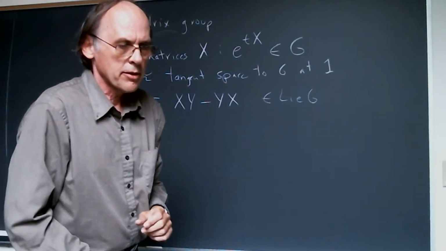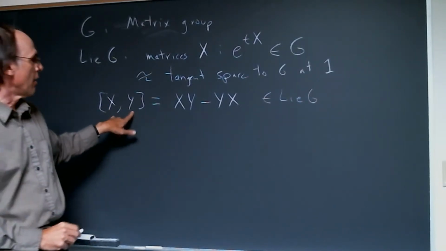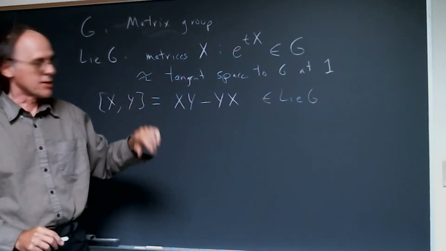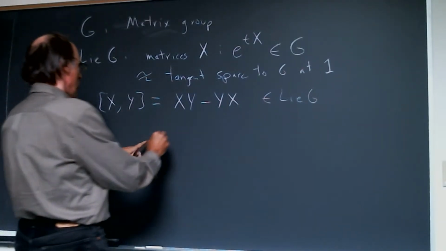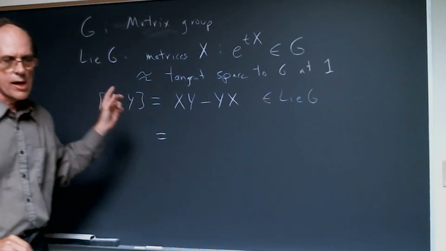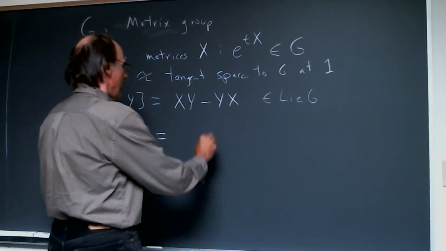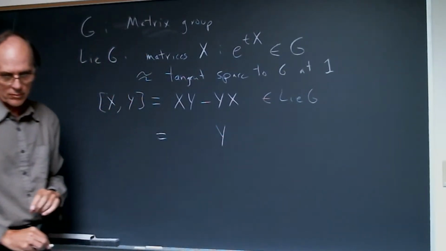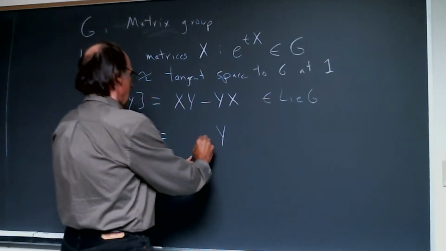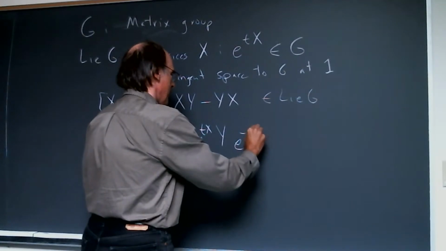Now, to understand the significance of this bracket, other than just this fact about multiplication of matrices, something that's shown in the notes is that this is also the thing you get if you take Y and conjugate it by e to the tX, where the inverse is e to the minus tX.